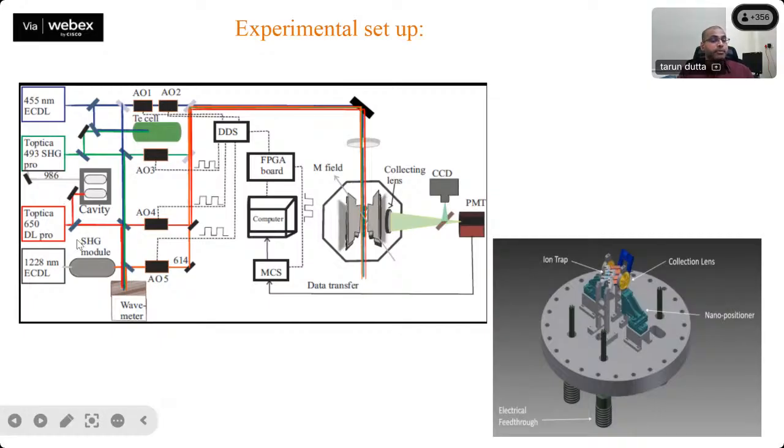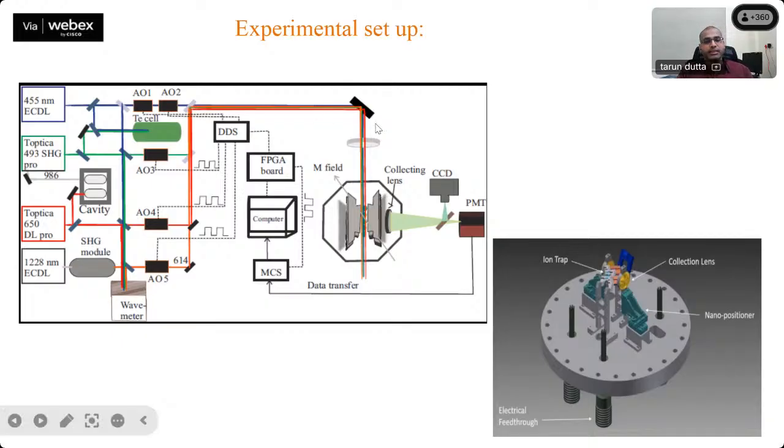The 650 is locked to the iodine cell. For 493 and 650, we have also developed a cavity in order to reduce the linewidth. The drift of the laser frequency can be reduced by locking to the atomic lines coming from the gas cells. But if you want to reduce the bandwidth, then you have to lock it to the cavity.